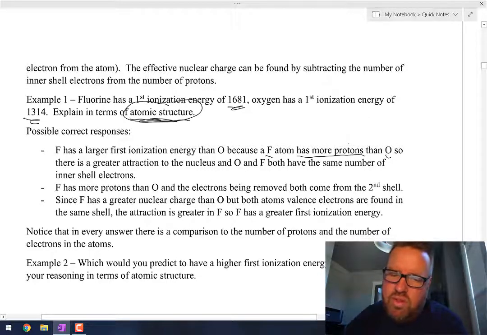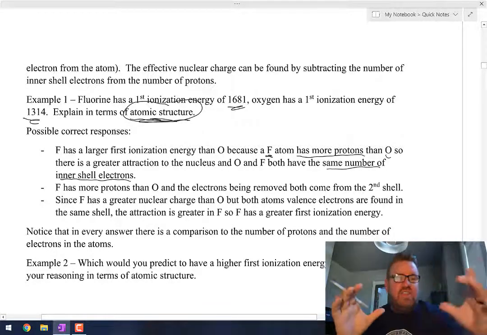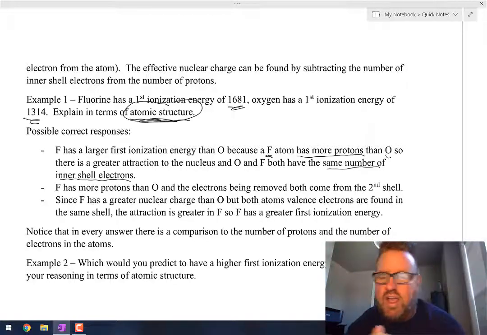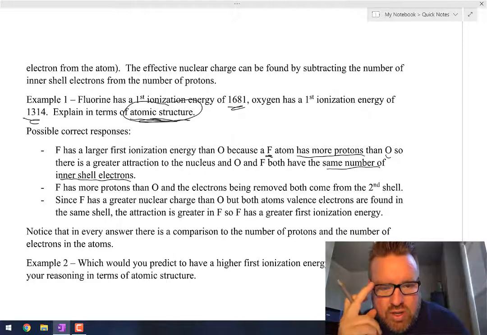Is it the fluorine or the oxygen? Notice I'm very clear: it's the fluorine that has more protons. And so there's a greater attraction to the nucleus. And since oxygen and fluorine both have valence electrons in the same shell, their inner shell electrons are the same. They both only have those 2 inner shell electrons.